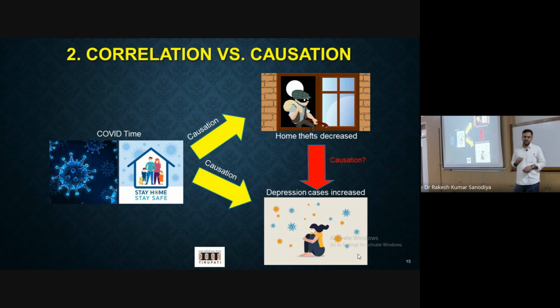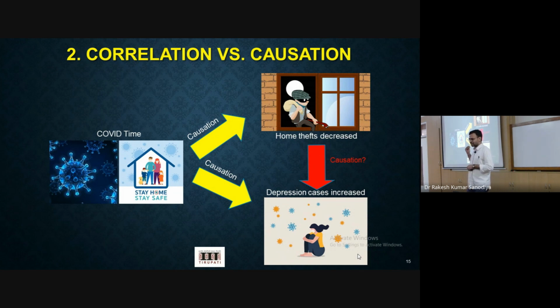Now, if you blindly give the data to your network and make it learn, is there any relation between the thefts that happened versus the depression? What would be the conclusion here? They will be correlated, and you may end up with the conclusion that a decreased number of thefts would result in more depression of the people.